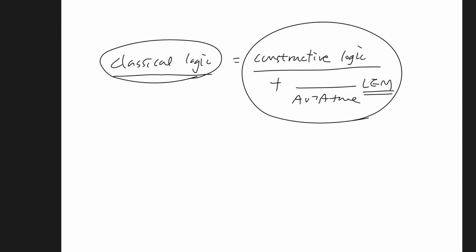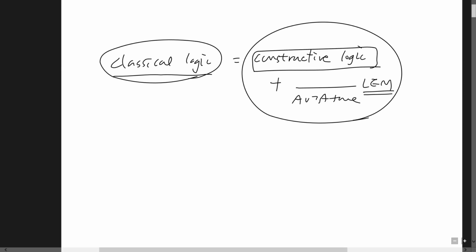As a result, in classical logic, we can prove more truth judgments than in constructive logic. For example, if you can prove, say, C true in constructive logic, you can definitely prove it in classical logic too, because classical logic inherits all the inference rules from constructive logic.